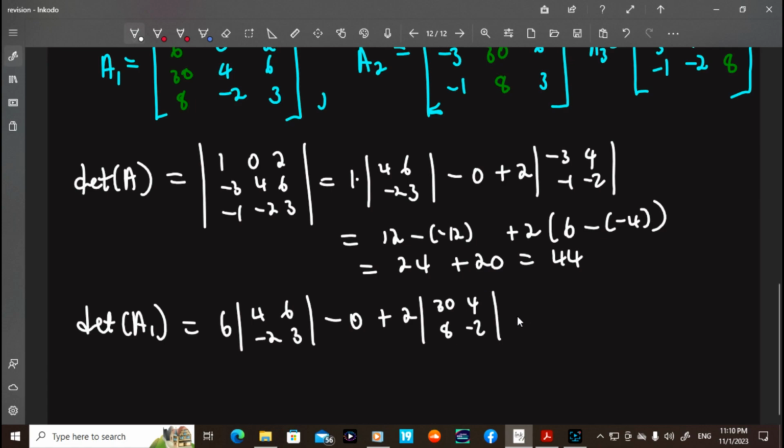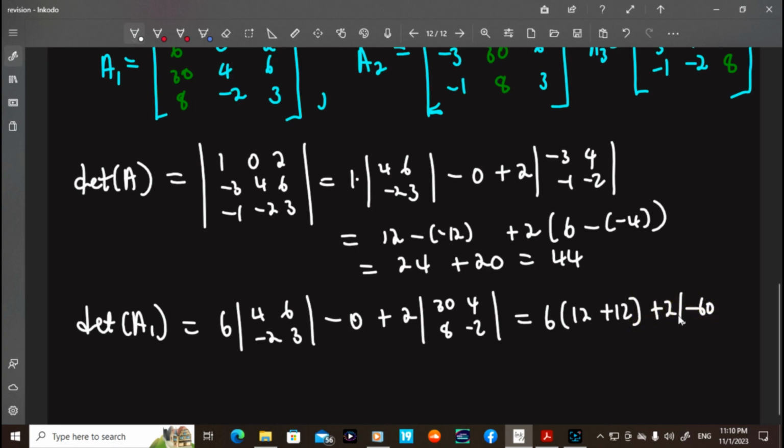Now the determinant of A1 would be 6 into 12 minus -12, so it's 12 plus 12.